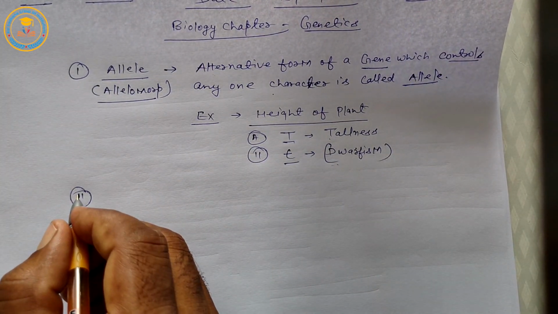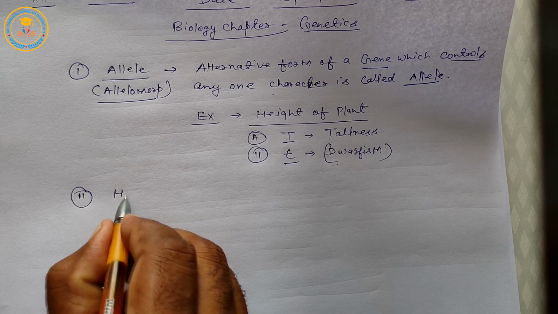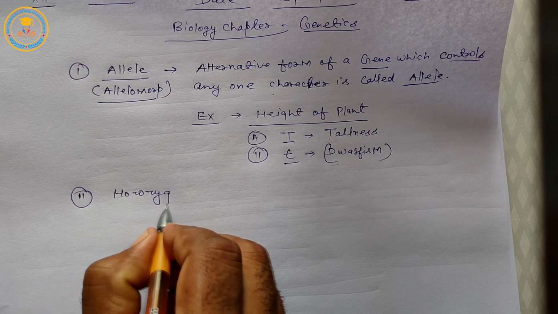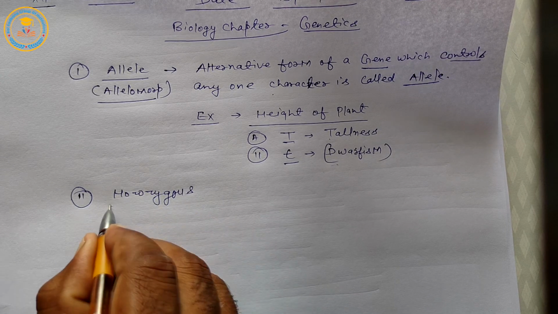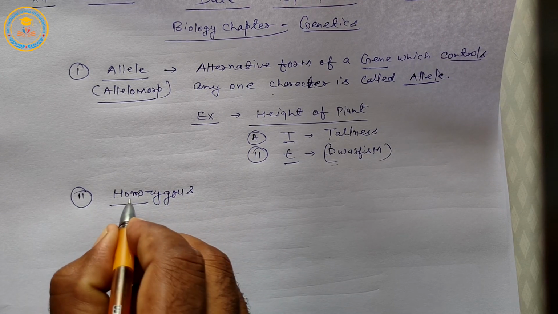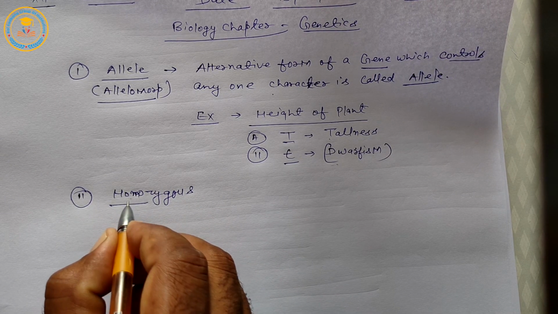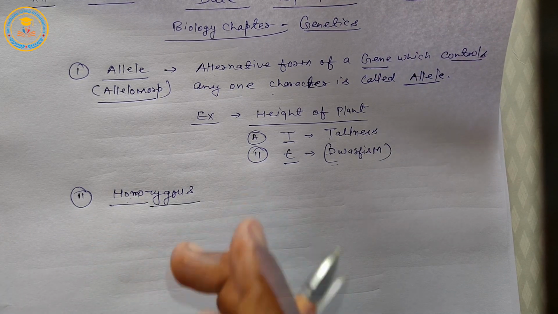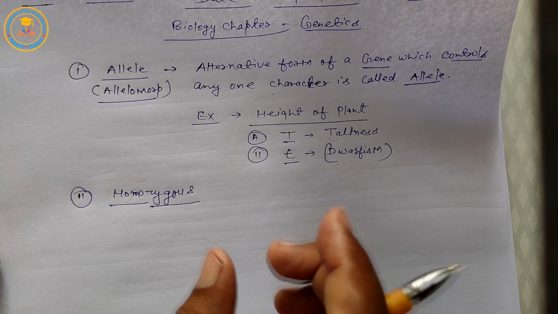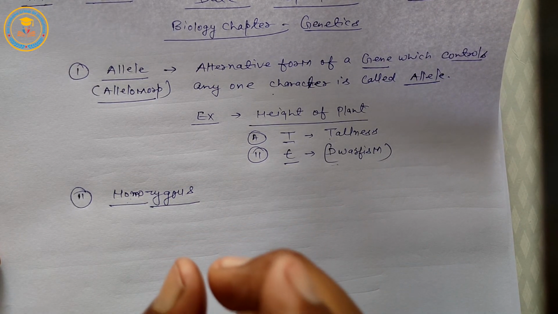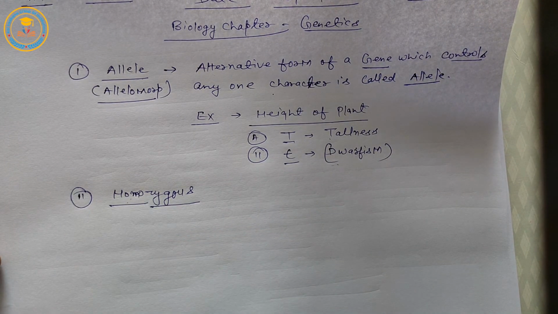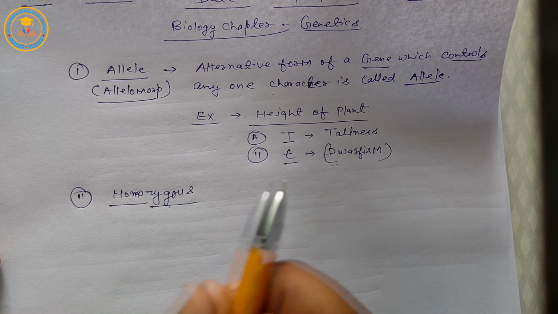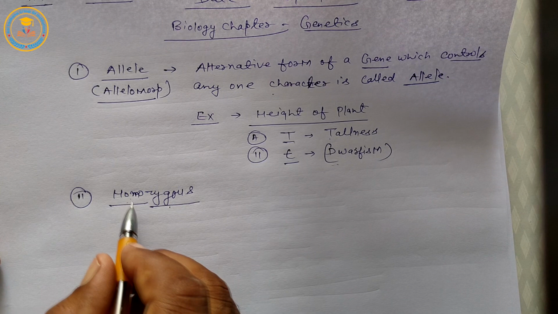Next terminology is homozygous. Homo means equal, iso, and zygote. Students, remember zygote is found in diploid forms, so zygous represents diploid forms.